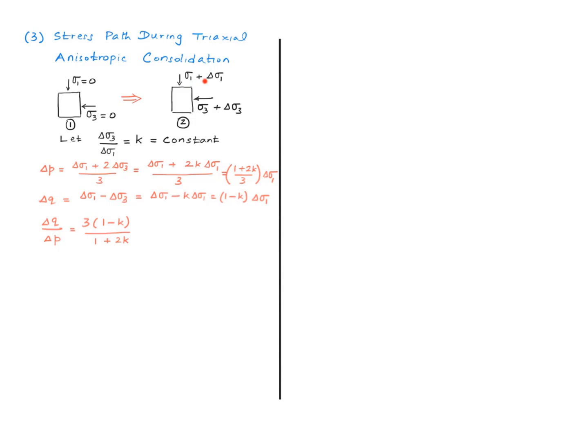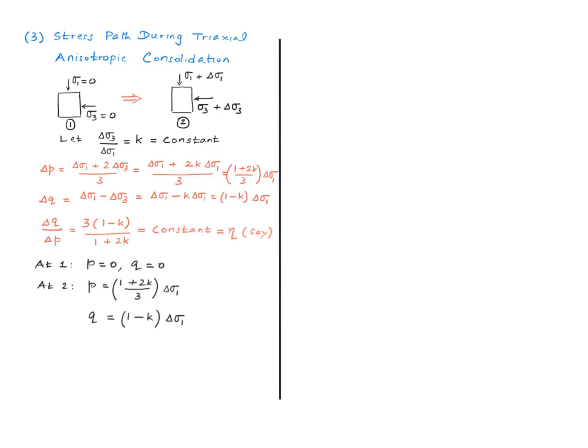We know sigma 1 changes by delta sigma 1, sigma 3 changes by delta sigma 3, and then utilizing this equation and the definitions of P and Q, I arrive at these equations for delta P and delta Q. So I express these in terms of delta sigma 1, and when I take the ratio between delta Q and delta P, the delta sigma 1 terms cancel out, and I end up with this expression for delta Q over delta P. Since K is a constant, this ratio is also a constant.